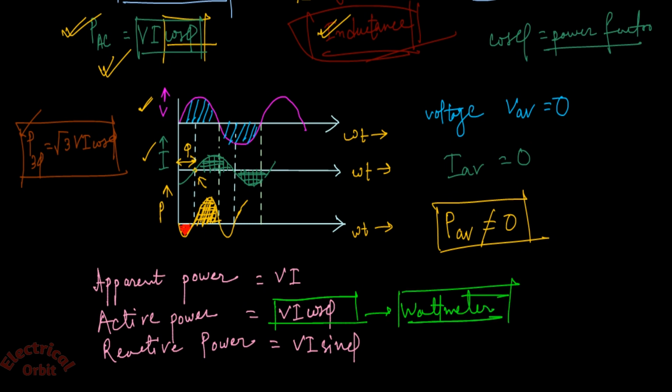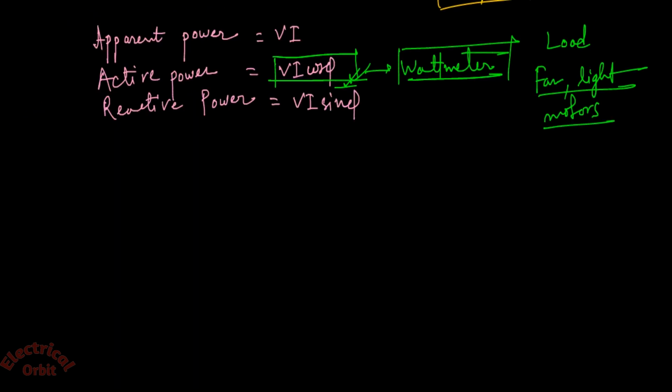This is the power which drives loads like fan, light, motors. All these loads are run by this active power, and the wattmeter calculates the value of this active power.